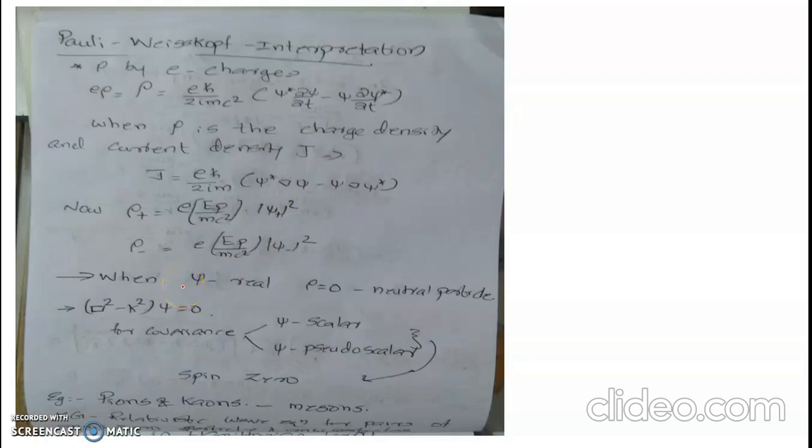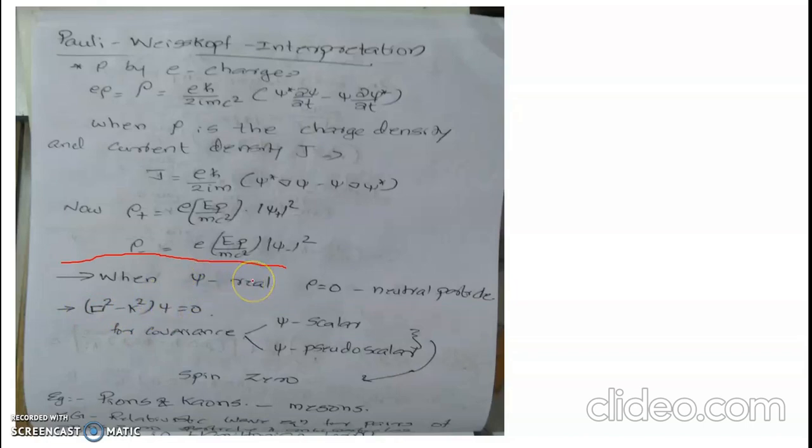And there is one more interpretation being made by Pauli and Weisskopf. The Klein-Gordon equation is (□ − k²)ψ = 0. The operator in the bracket, that is the D'Alembertian, and the constant are Lorentz invariant. Now ψ can have three different choices.